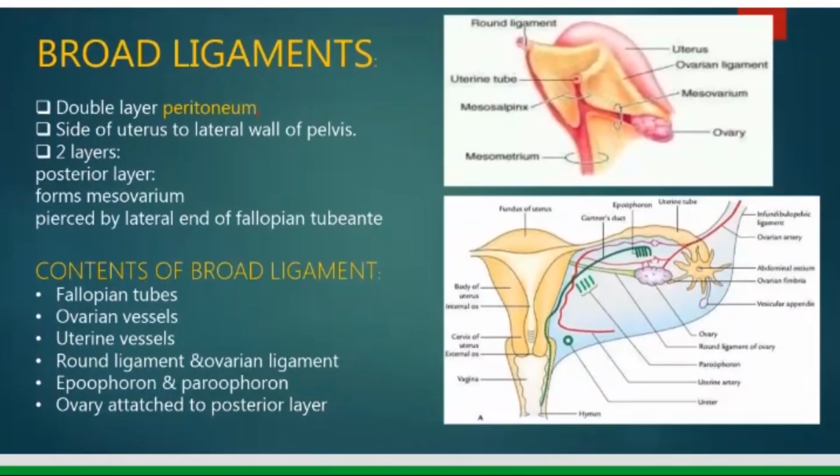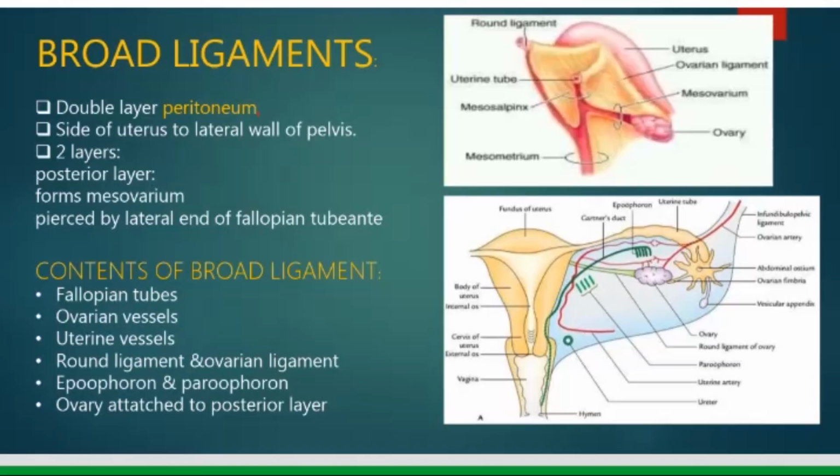This peritoneum extends in a double-layered form towards the uterus and forms the broad ligament, from the side of the uterus to the lateral wall of the pelvis. It extends from the sides of the uterus and along the lateral wall of the cervix. It is in two layers, the posterior layer from the mesovarium, pierced by the lateral end of the fallopian tube.